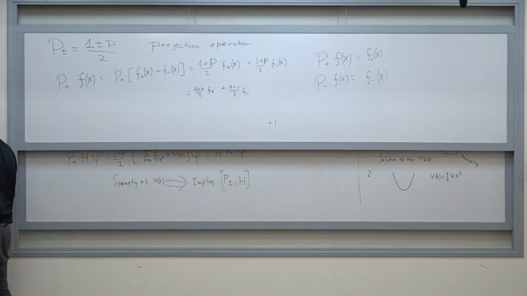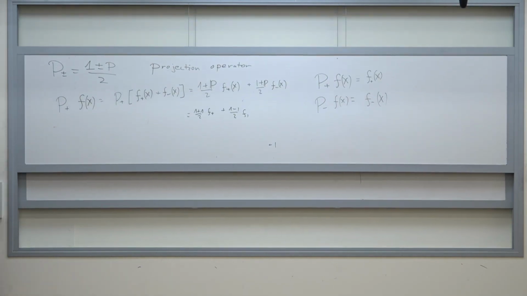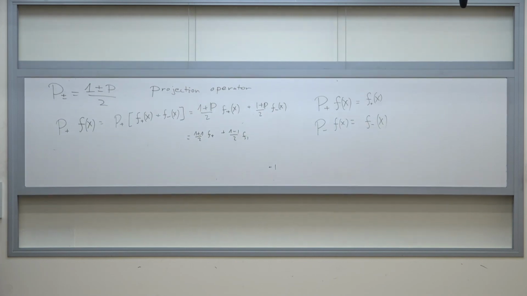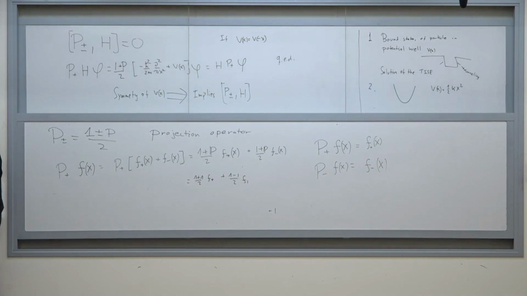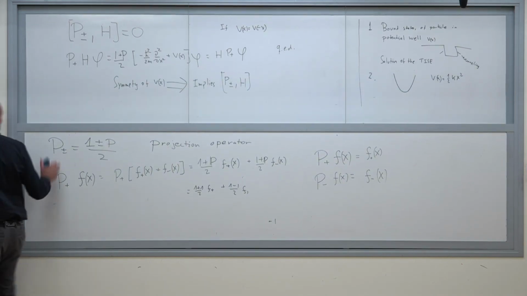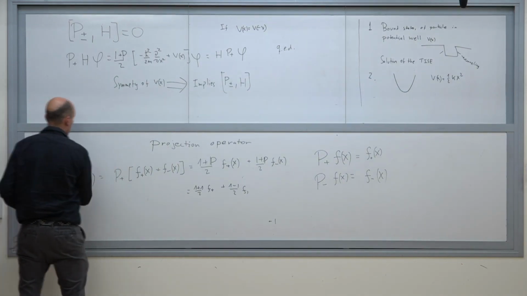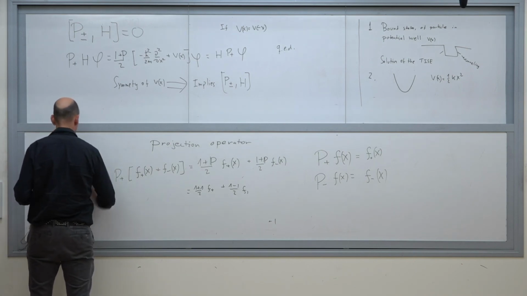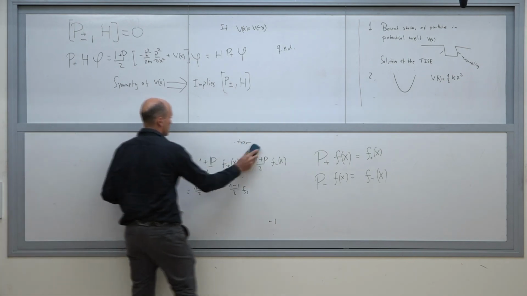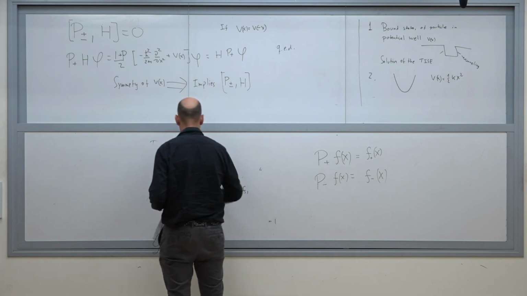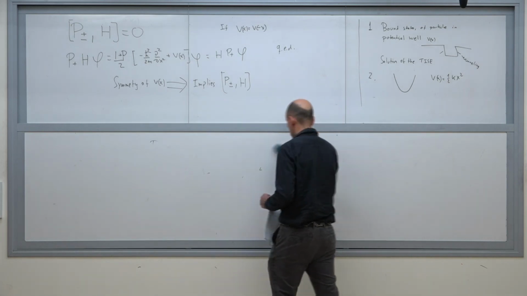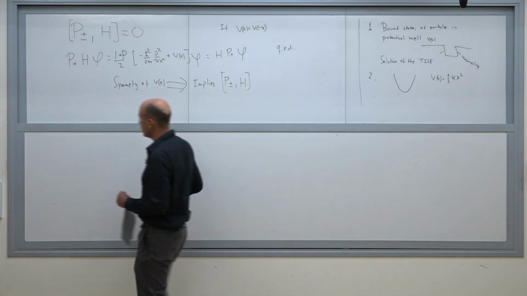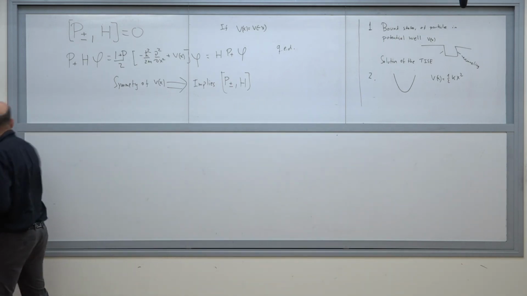Let us show how. Again, I'll do it only for P plus, but it's the same with P minus. Why does this imply the general statement I gave at the beginning?